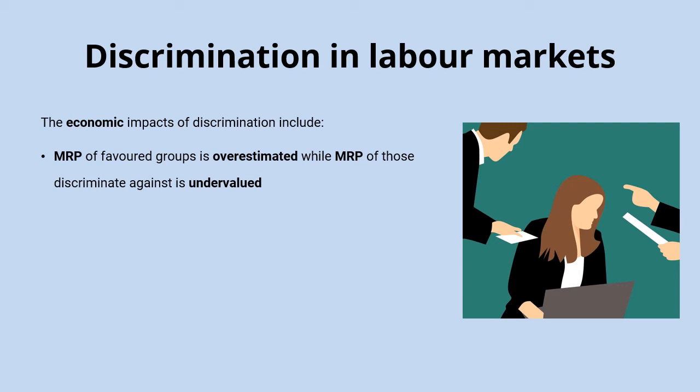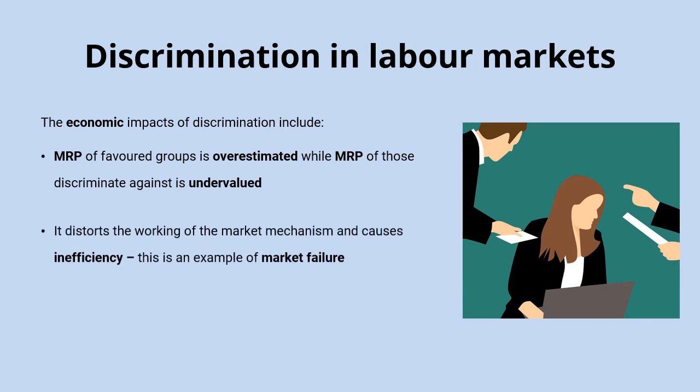So remember, that is the additional output that adding one more worker is going to bring to the firm. And what we'll find is that the MRP of the favoured groups is going to be overestimated, while the MRP of the groups who are being discriminated against is going to be undervalued and underestimated.